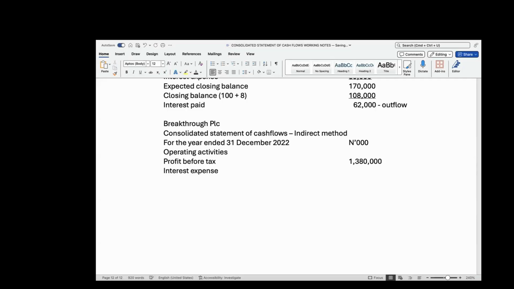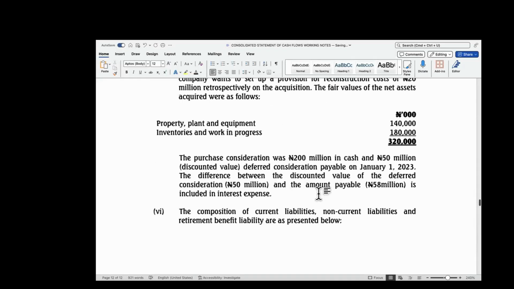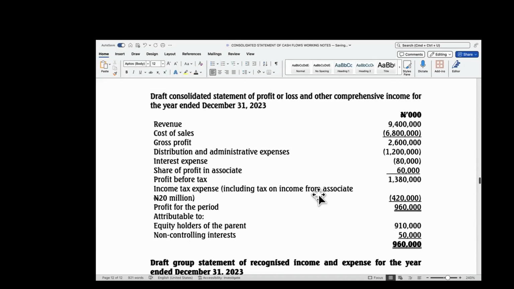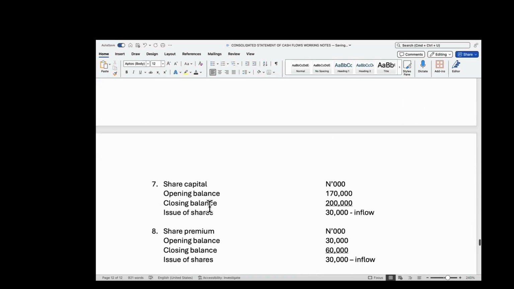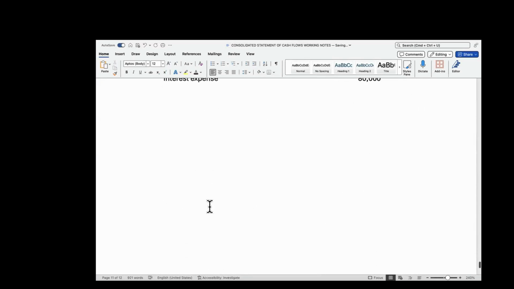So I need to add back this interest expense of 80. Now I can adjust for non-cash items. And what are the non-cash items that I have?